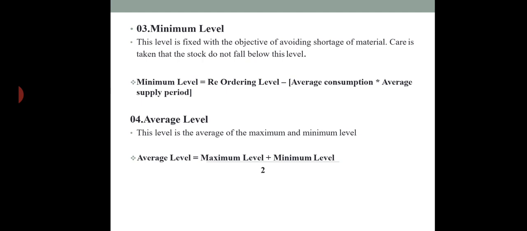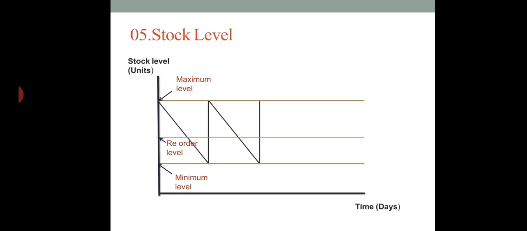Average level is maximum level plus minimum level divided by 2. Or else, one more formula is half of the sum of reorder level and minimum stock level. That is known as average stock level.